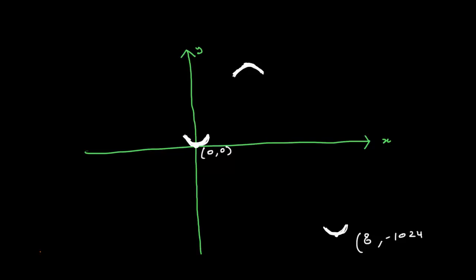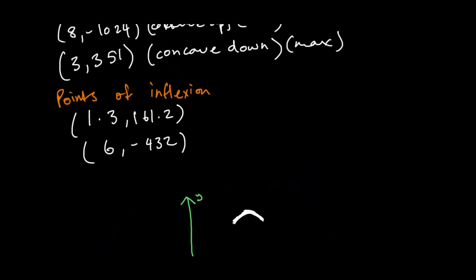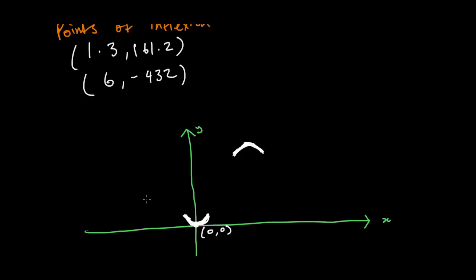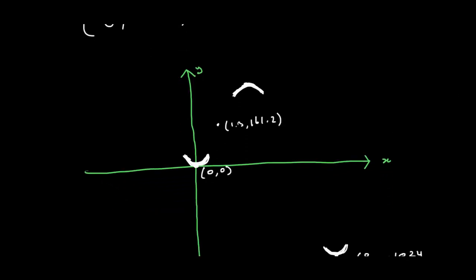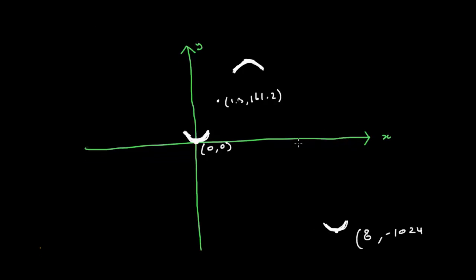So since it was like that, we can now just plot the points of inflection. So 1.3 and 161.2 would be something like that. So that's the point of inflection. Then we've got another one, which is 6 and minus 432. So 6, minus 432 would be something like that.